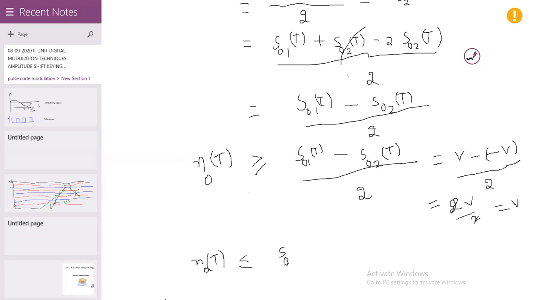Same formula: S naught 1 of t minus S naught 2 of t, divided by 2 minus S naught 1 of t.